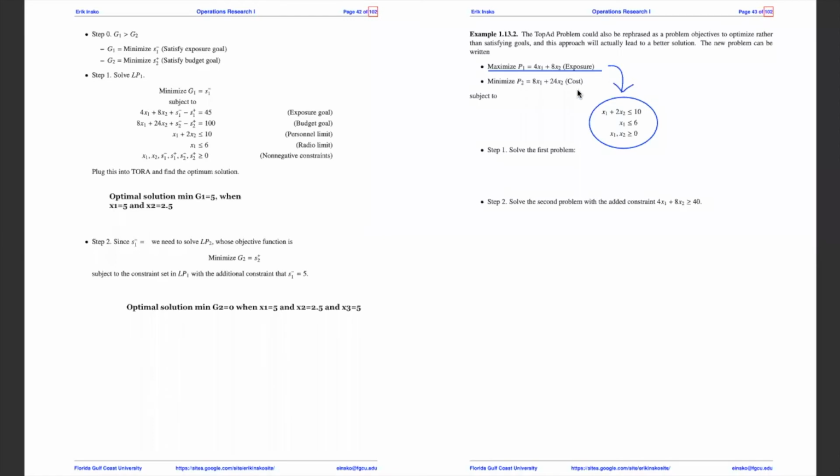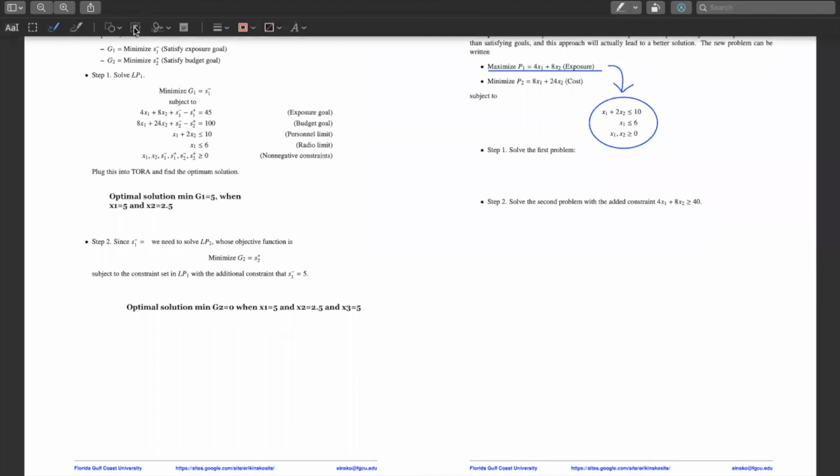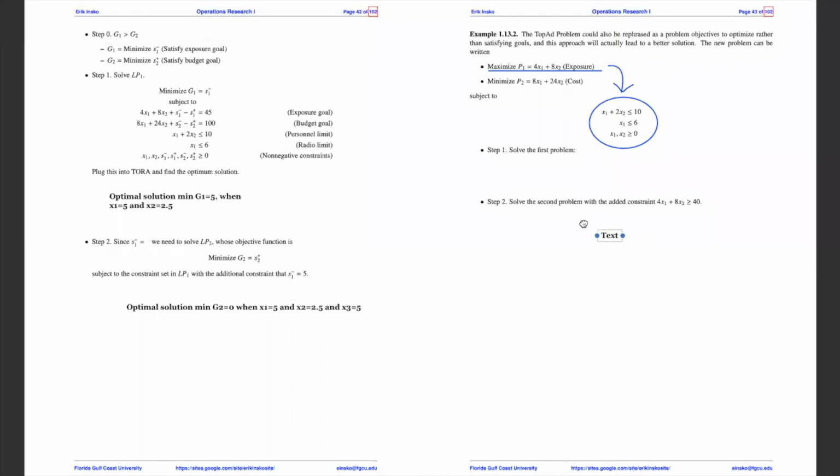Now we can use this data to minimize the cost using the new constraint. Let me type in what our results are.